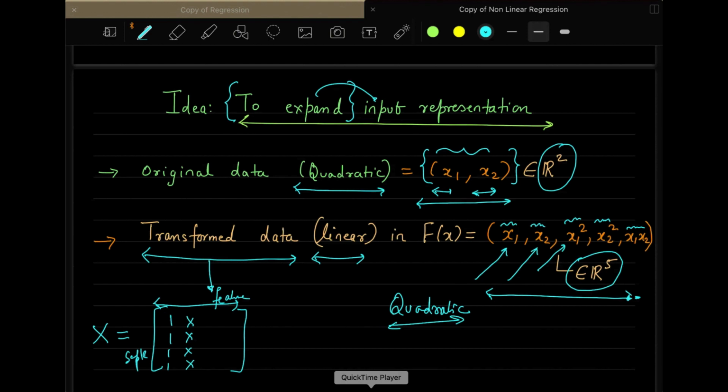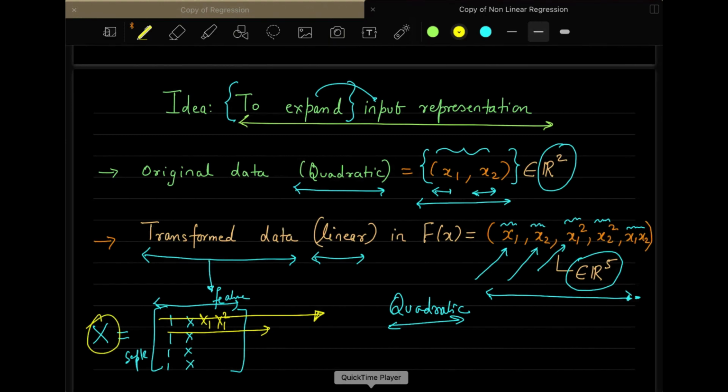I am not writing the indexing completely, but you can understand what I am doing. But now this is a linear system in 2 dimensions. So now you are expanding this to more features. You are taking x1 also. You are taking x1 square, like this. So earlier, if features were only 2, now you are expanding in this horizontal direction for this matrix X.